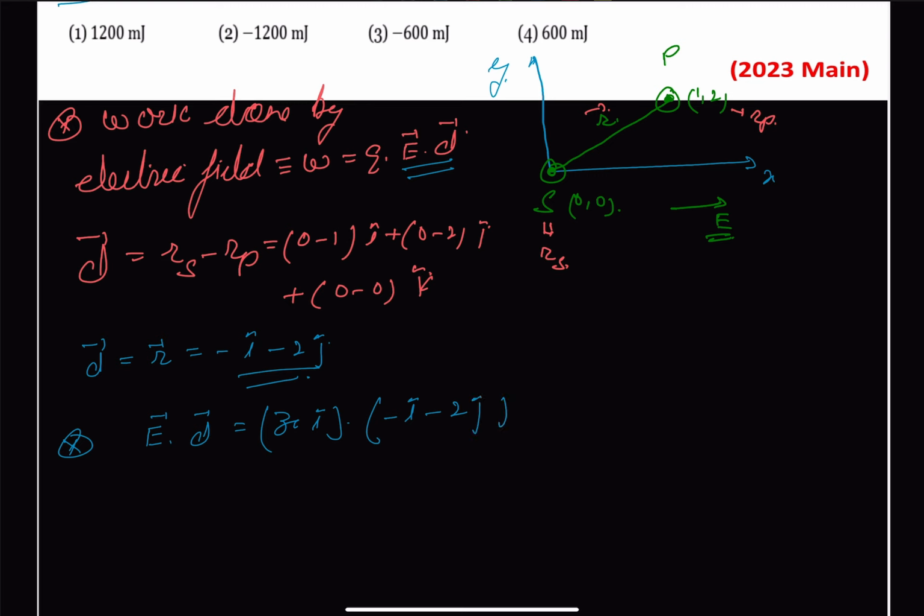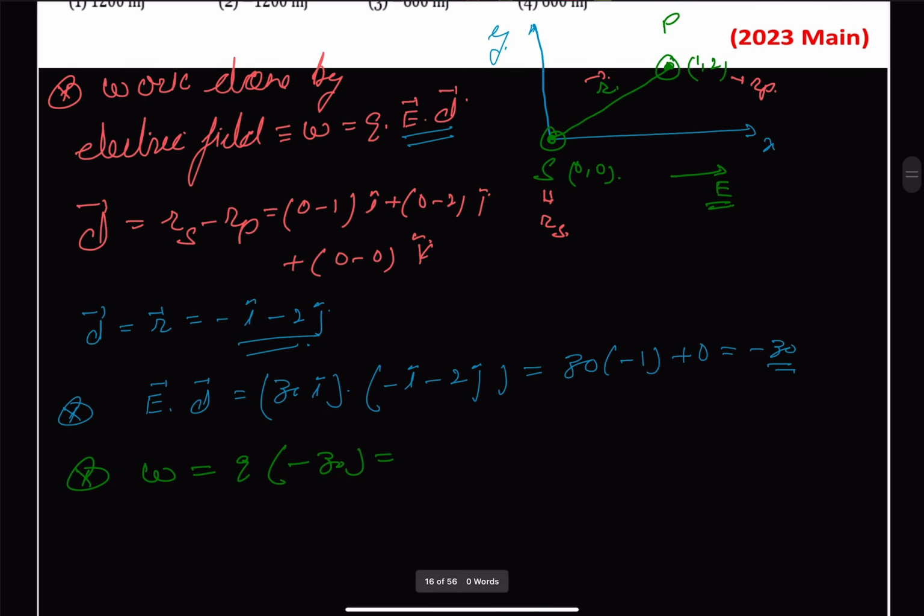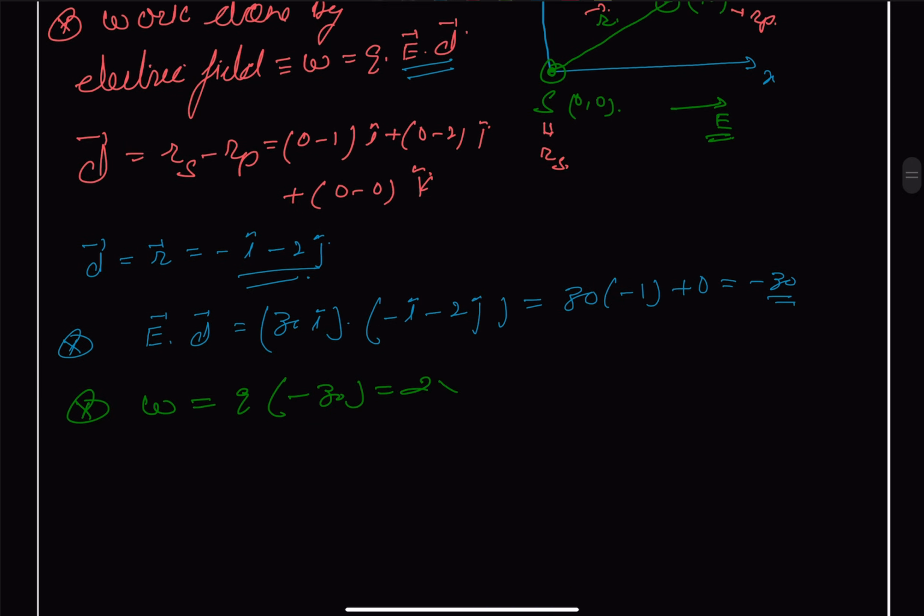This will be equal to 30 times minus 1 plus 0, which is minus 30. Now we can easily find the work done. So W will be the charge multiplied by minus 30, and the charge is 2 into 10 to the power minus 2, multiplied by minus 30.